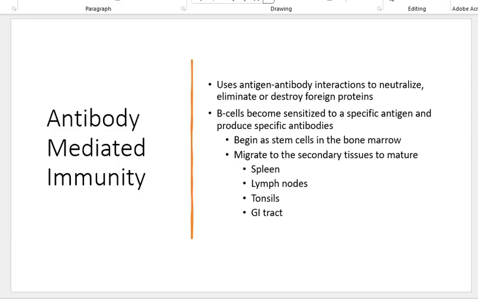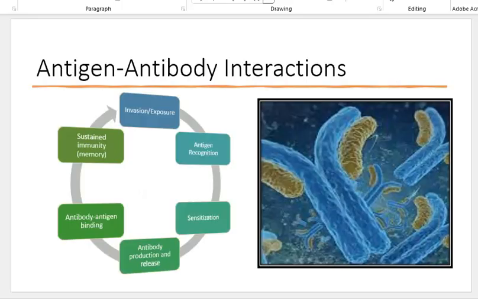They migrate to secondary tissue to mature in the spleen, lymph nodes, tonsils, and GI tract. Your antigen-antibody interactions have 7 different steps. This is on page 315 if you need to dig a little bit deeper into it.